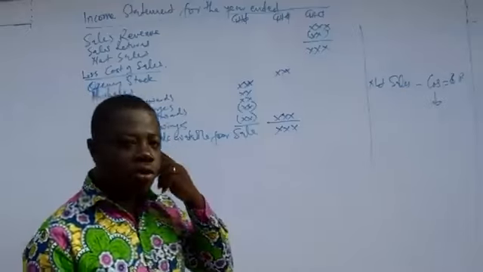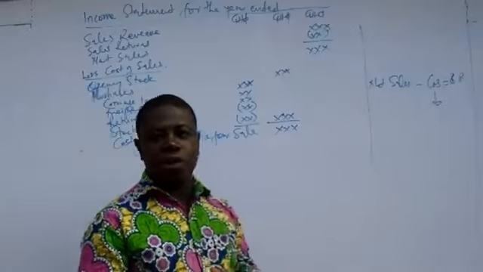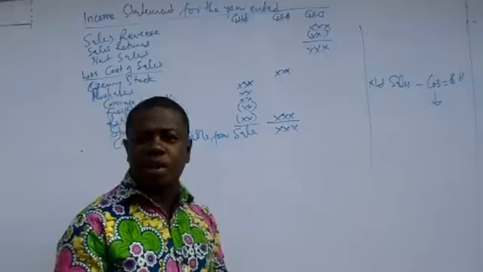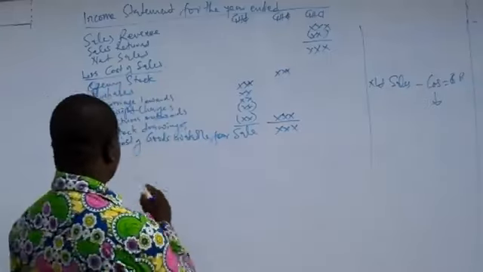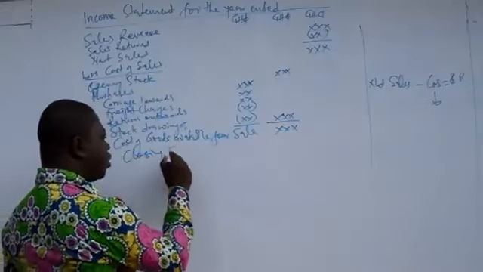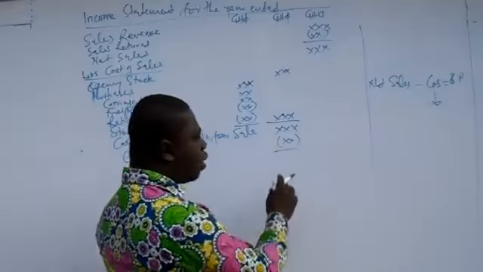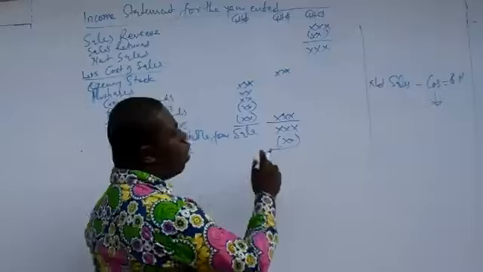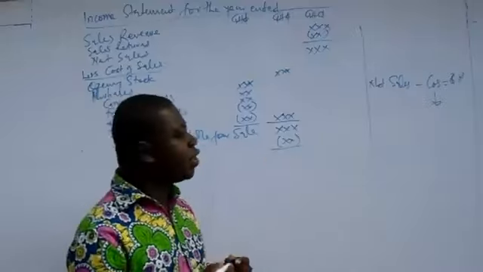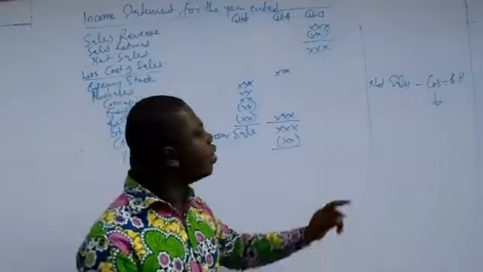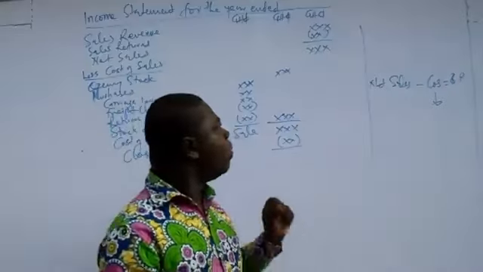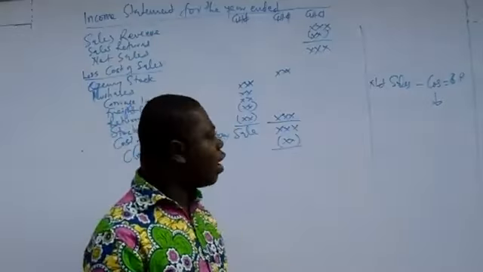And so when we get our cost of goods available for sale, then obviously the next thing to do is to take out our closing inventory. So we less our closing stock from the cost of goods available for sale in order to ascertain our cost of sales. Remember that we needed the cost of sales to be taken out so that we can have our gross profit.